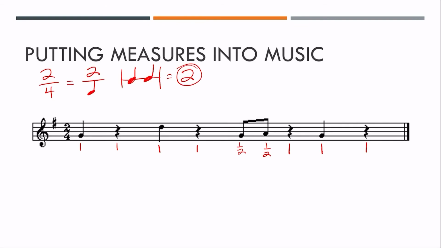Okay, now, like I said, this should be pretty easy because now we just have to add up to 2. 1 plus 1 is 2, so we're going to put a measure right there. 1/2 plus 1/2 is 1, plus another 1 is 2. And then 1 plus 1 equals 2. Okay, clear as mud?